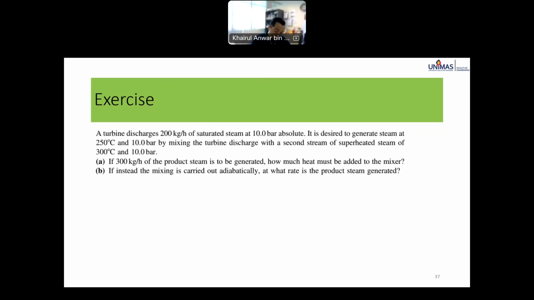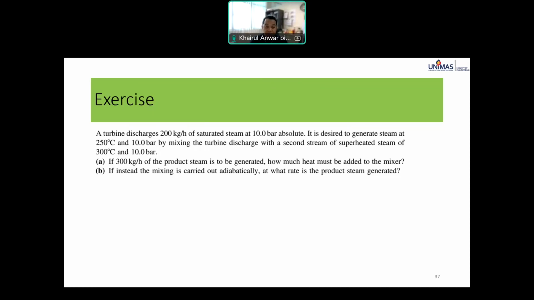What you can refer to is the definition. If a system and its surroundings are at the same temperature, or the system is perfectly insulated, the process is then adiabatic.